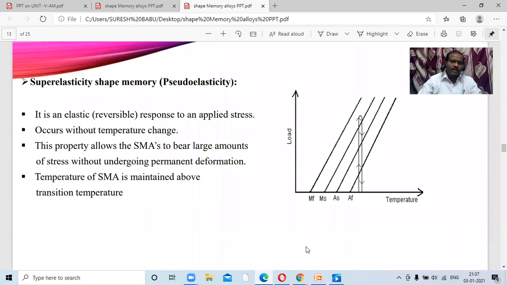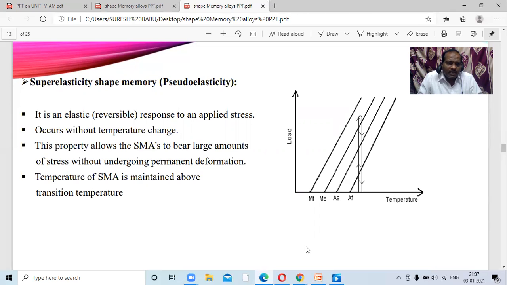First one is super elasticity of shape memory. That is one of the properties which we can understand. Pseudo elasticity, in other words, is an elastic reversible response to an applied stress. What does that mean? Superelastic property means it is an elastic reversible response to an applied stress. The second one is that it occurs without temperature change.